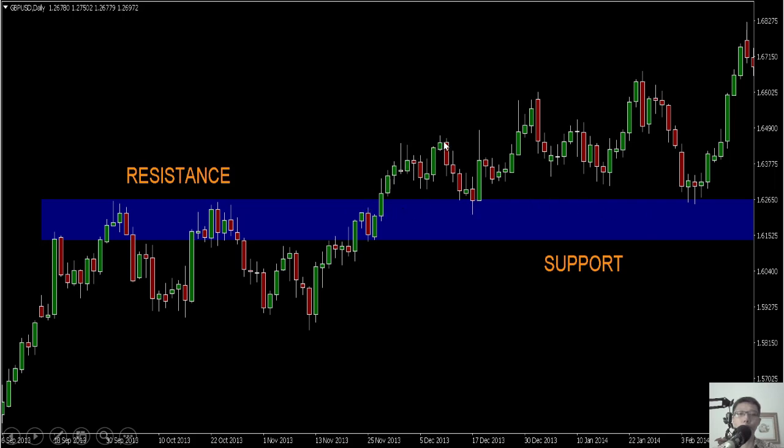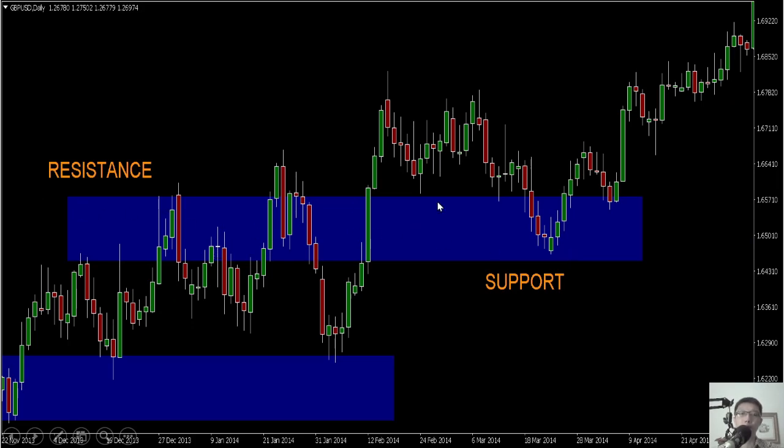Because after sellers push the price down, the sellers cannot push the price lower than this support area, and then buyers take control again to push the price higher. Price tries to go down again, only touches this support area, and then goes uptrend again. So this is a resistance become support.